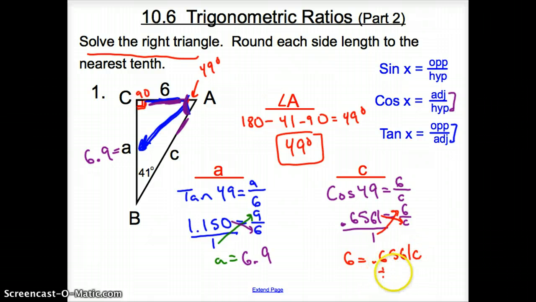I need to divide by 0.6561 and divide over here by 0.6561. C now is going to equal 9.1. So we have just solved the triangle. We found C, which is 9.1. We found side A, which is 6.9, and we found angle A, which is 49 degrees.